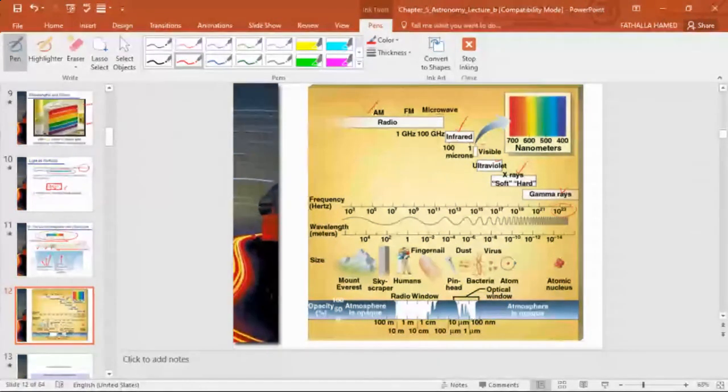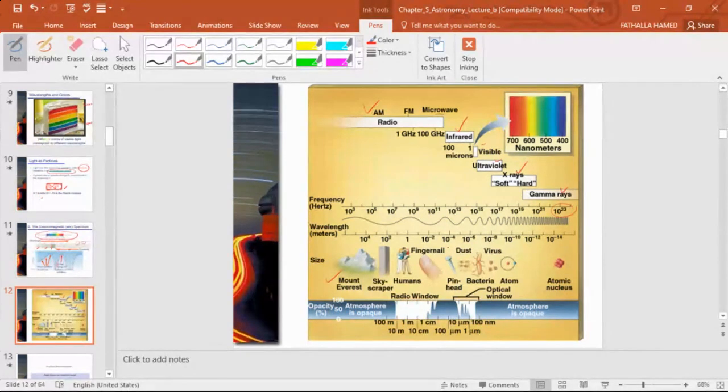Now, this is just to give you an idea of these sizes. Okay. So, for example, radio waves of the order of 10 to the 4, which is 10,000 meters, could be like Mount Everest, a skyscraper for 10 to the 2 meters. We're talking about a human.